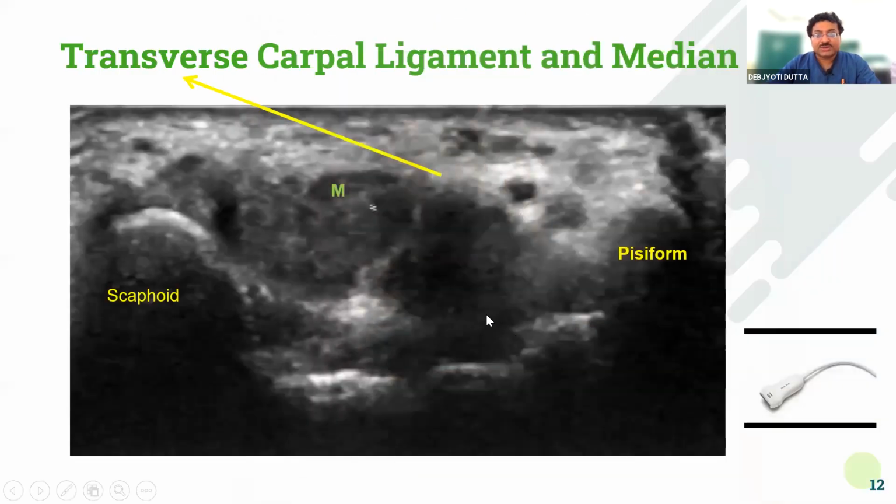Okay, so here you can see the pisiform bone. Here you can see the scaphoid bone, and in between this pisiform and scaphoid, this is the transverse carpal ligament. Okay, and here is the median nerve.